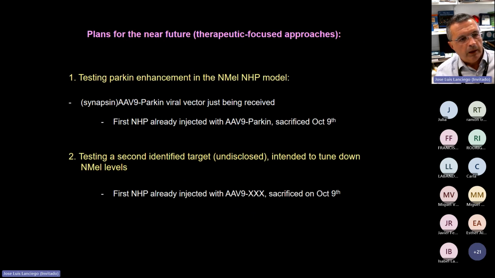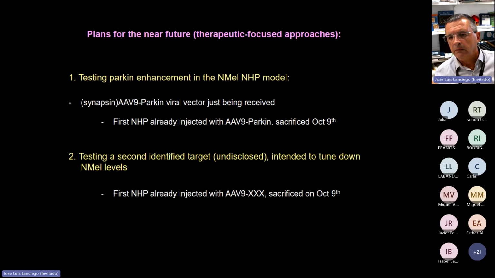So for the part of the team that is in the therapeutic branch, we have 2 ongoing projects. The first project is dealing with Parkinson. Parkinson is an interesting mutation, and there are only a very small number of people with a Parkinson mutation, but this is the mutation that is more frequently observed in patients with an early diagnosis before 50 years of age.